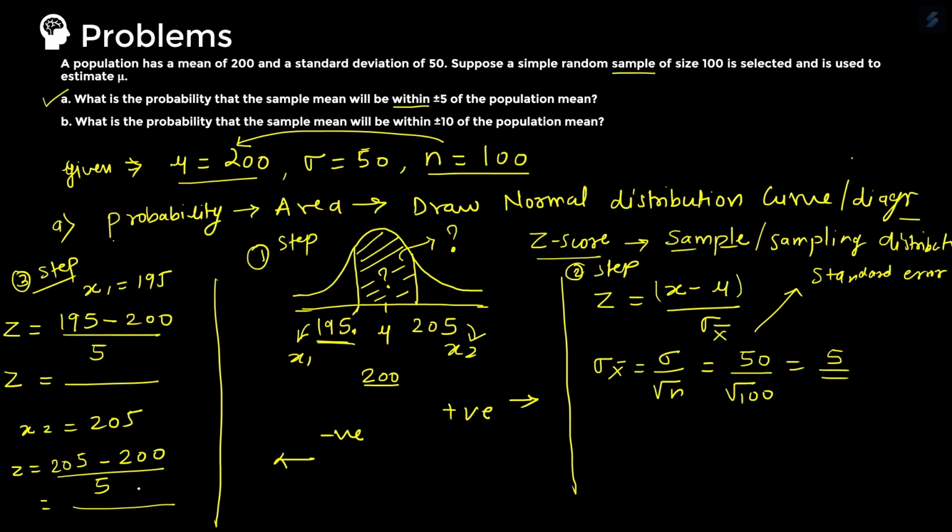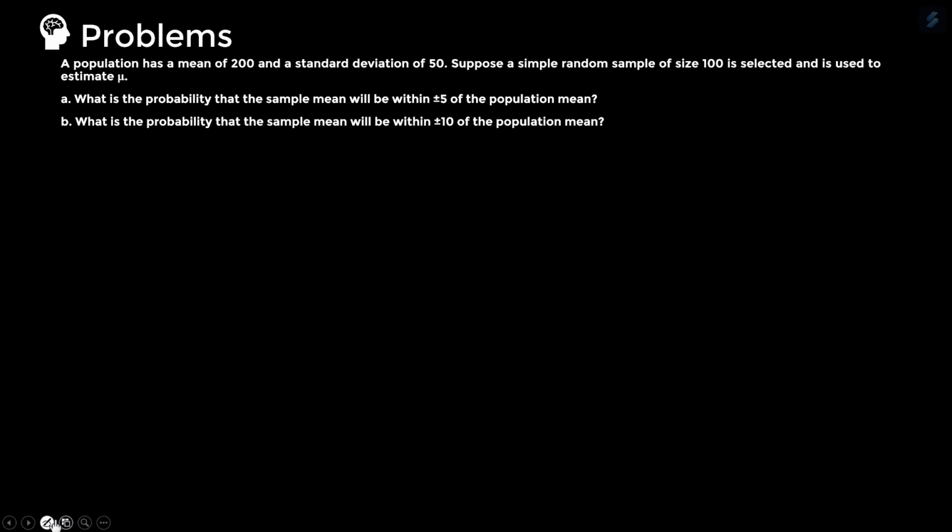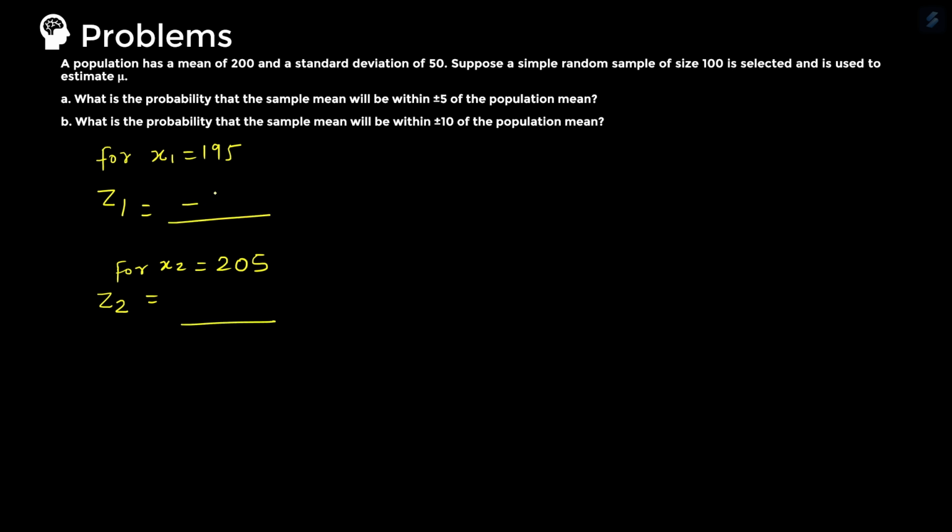After doing this calculation, we will get z1 and z2 accordingly. So we calculated two different values, for x1, which is 195, and for x2, which is 205. The z-scores come to around minus 1.00 and plus 1.00.